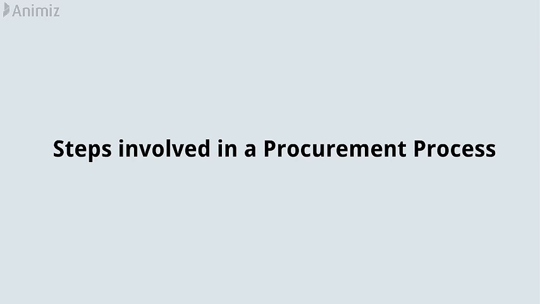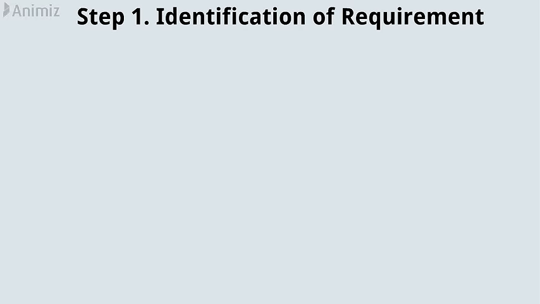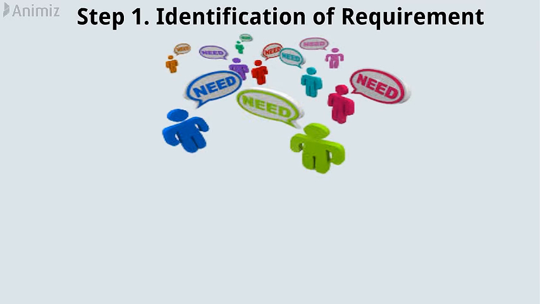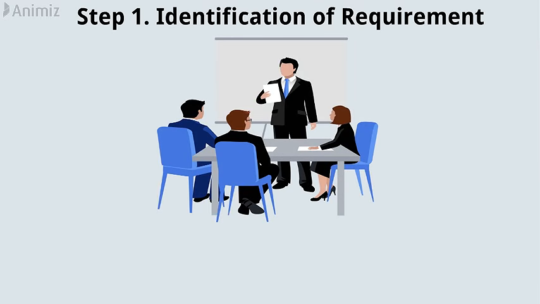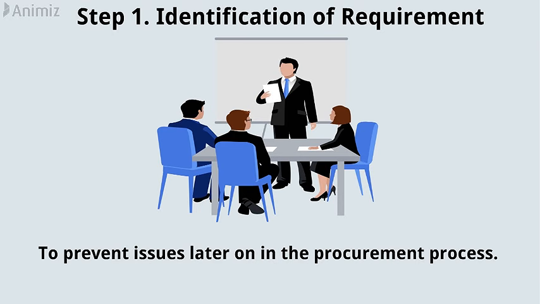Steps involved in a procurement process are: Step 1. Identification of requirement. The first step in buying something is recognizing that there is a need for it. That could be to buy a new item, or reordering something when it is required. It is important that all the stakeholders be consulted at this stage, to prevent issues later on in the procurement process.